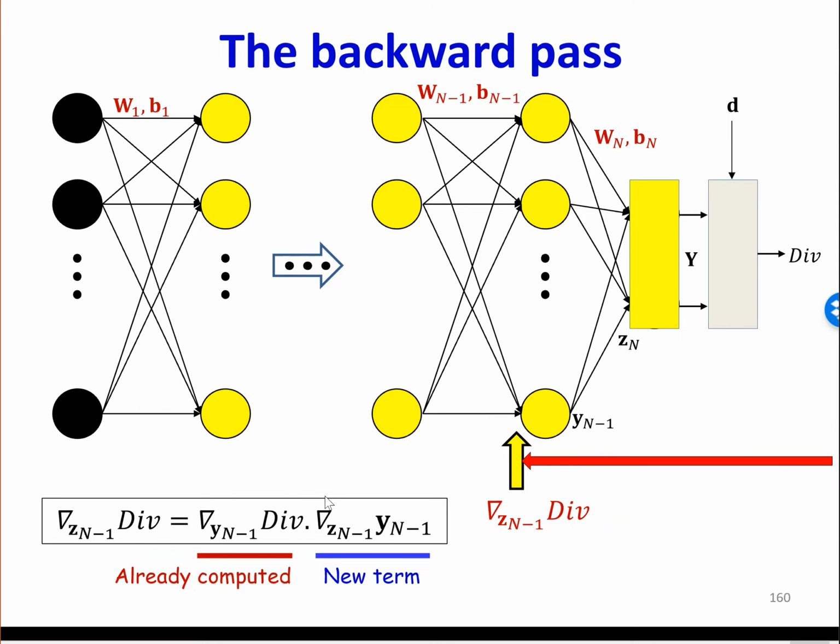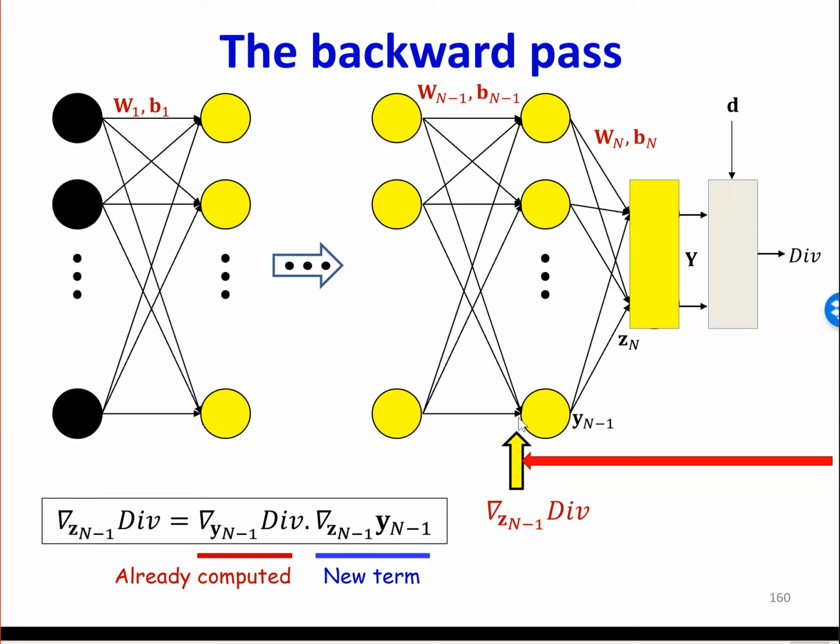Yeah. So what is the second term? So y is equal to the activation function of z, so that would be the derivative of y with respect to the activation function.